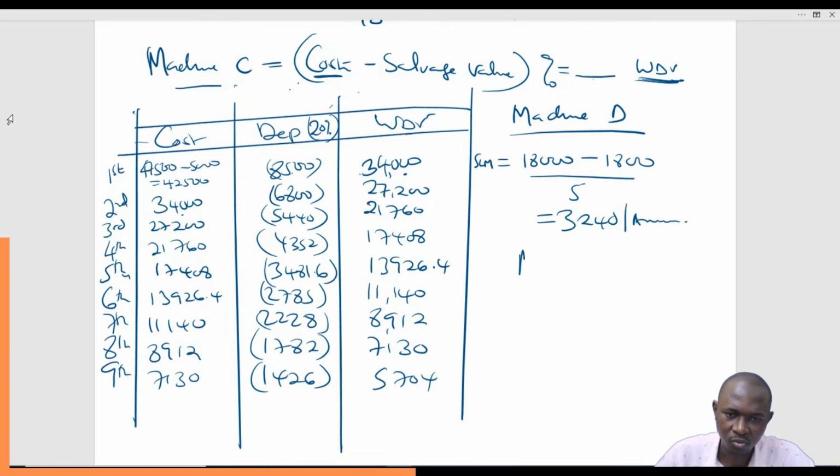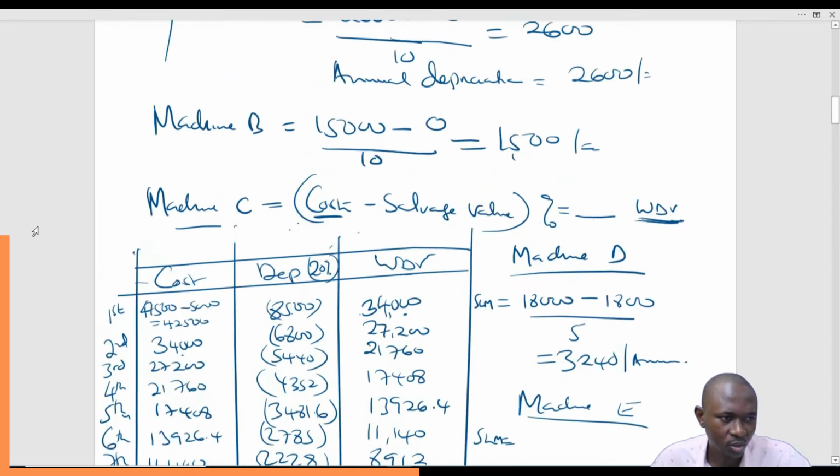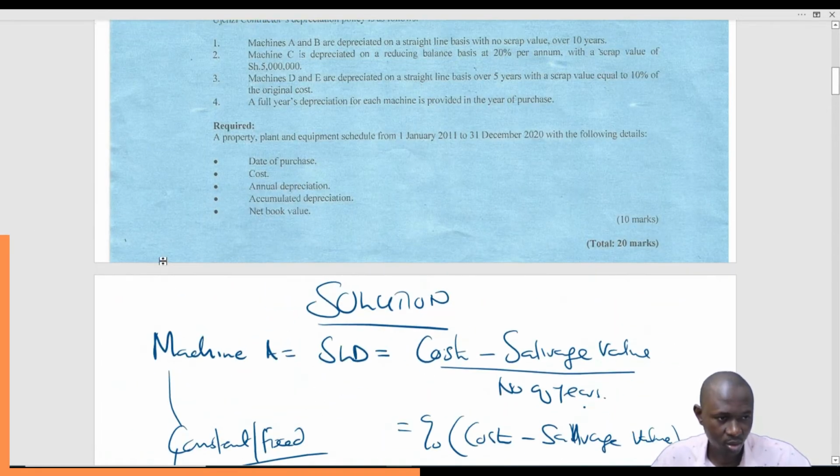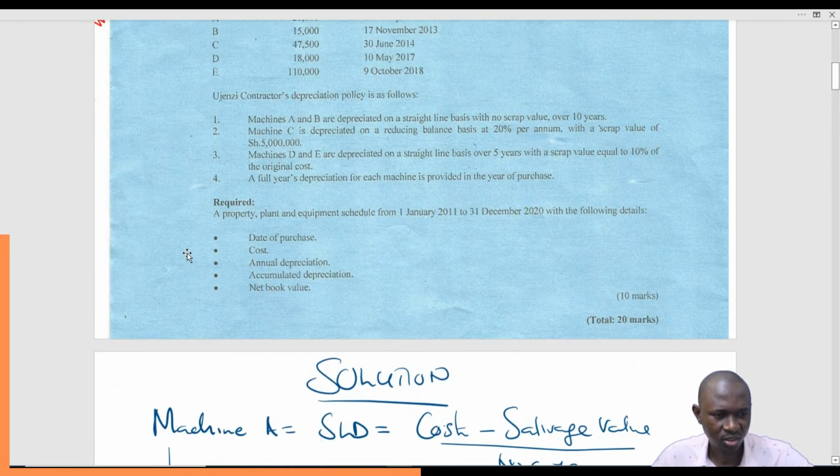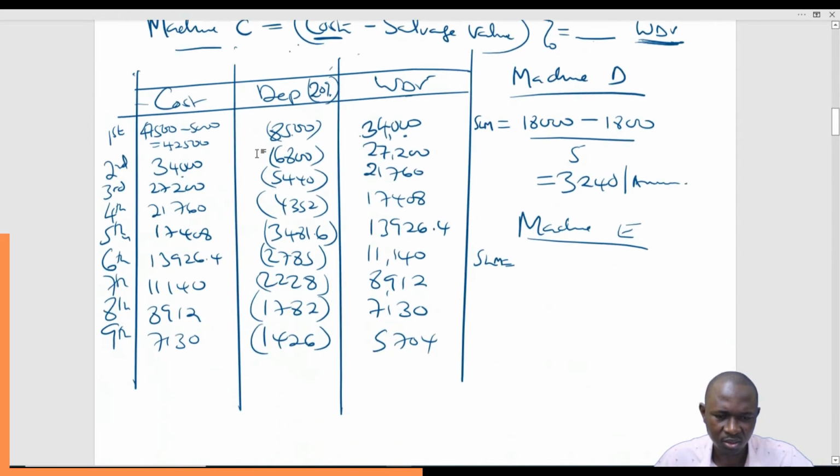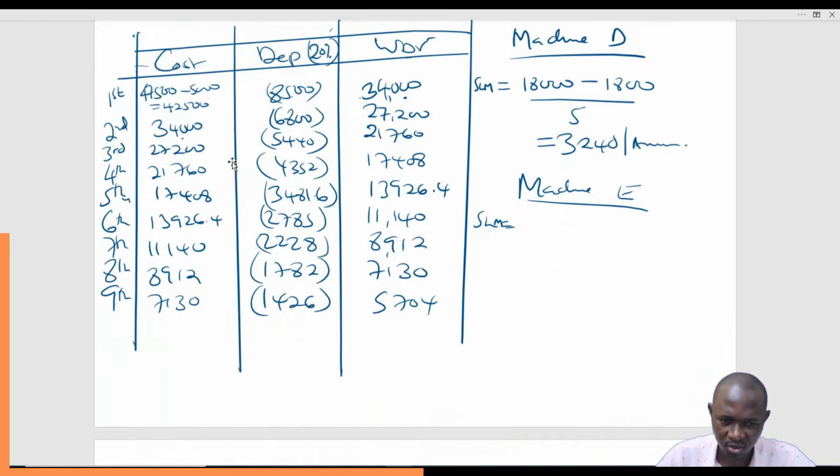And then we go to machine E. Machine E is the same thing. So SLM is equal to the cost for machine E, which is 110,000. So we'll simply say cost is 110,000 minus 11,000 over 5 years.